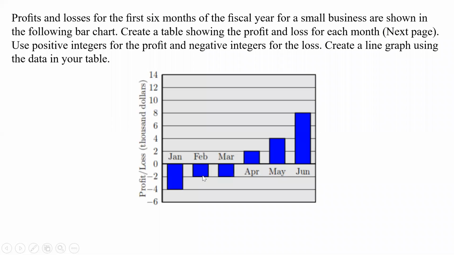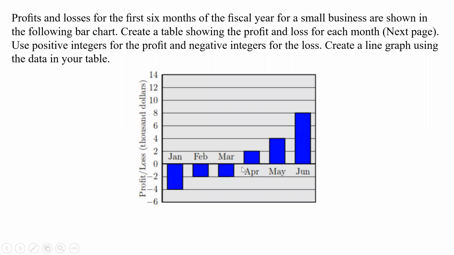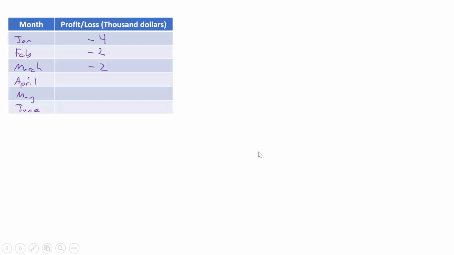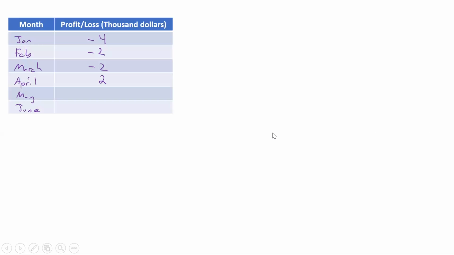February, well, that's a minus 2,000. So is March. So February and March are both minus 2. What about April? April is, well, it's a plus 2. So we can go plus 2 for April, or we can just write it as a 2. And May is 4, and then June is 8. So 4, then 8.